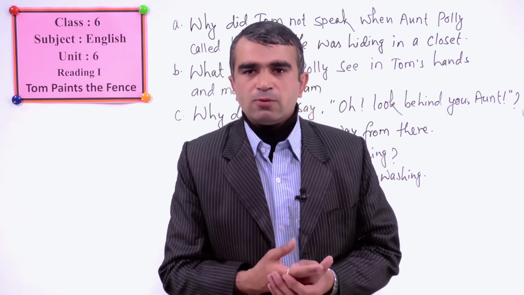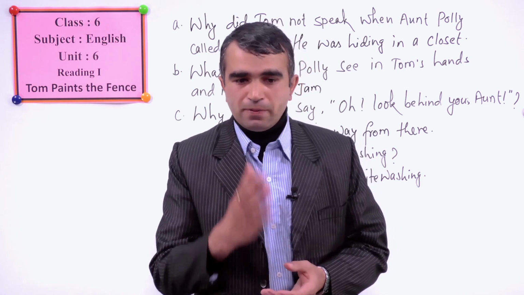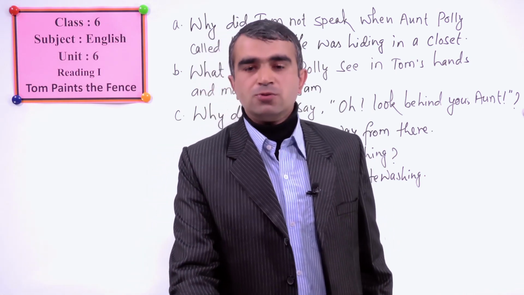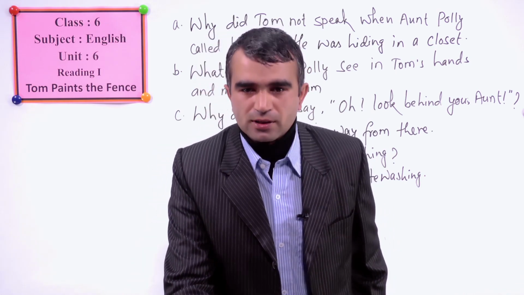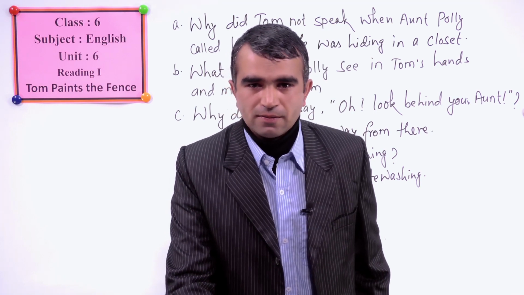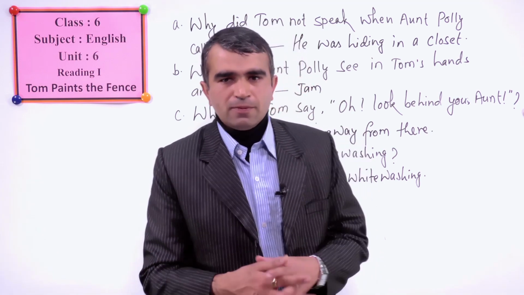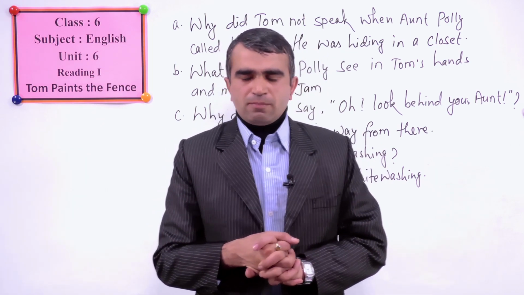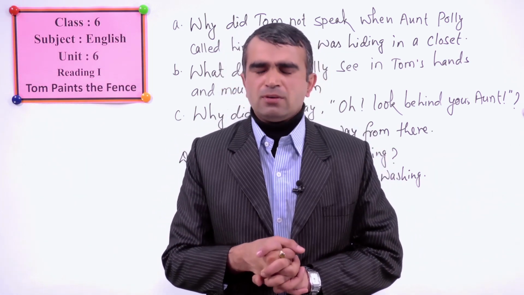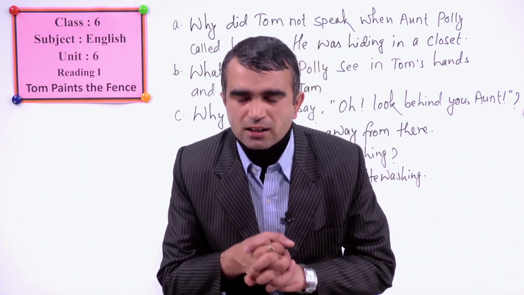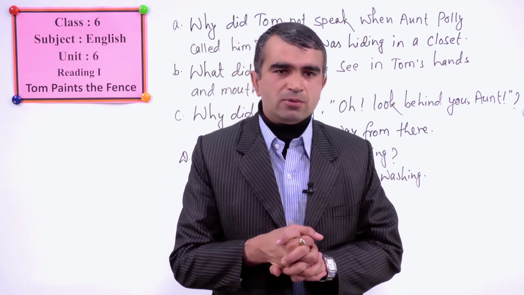He didn't let Ben whitewash. And Ben was able to persuade Tom to let him whitewash. Didn't he? Well, now you can think about how you persuade your parents or any other people about what you want to do.